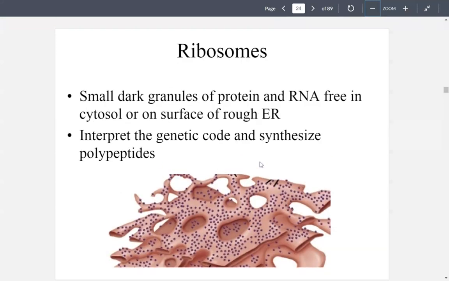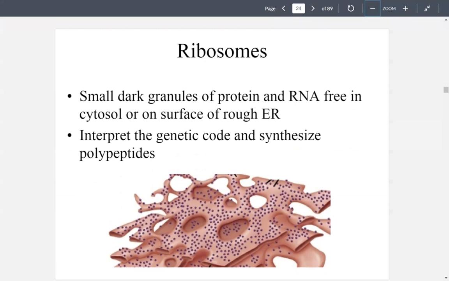Ribosomes appear as small dark granules of protein and RNA. They're a complex of RNA and protein, and they can be free floating in the cytosol or found on the surface of rough ER, as we've mentioned. What is their purpose?